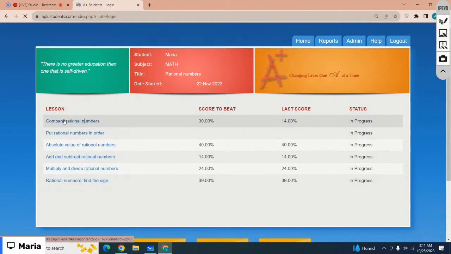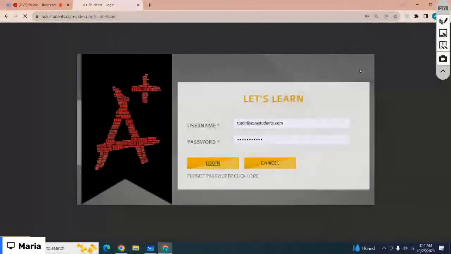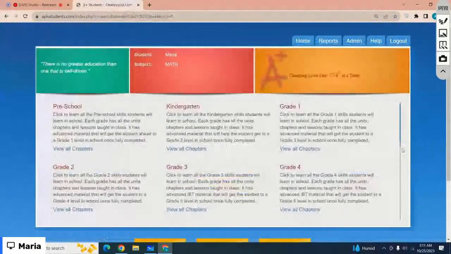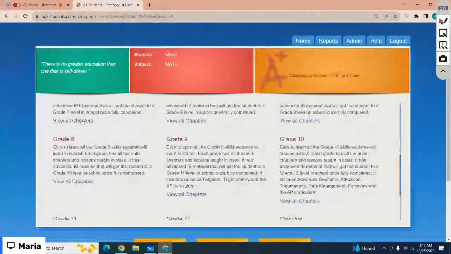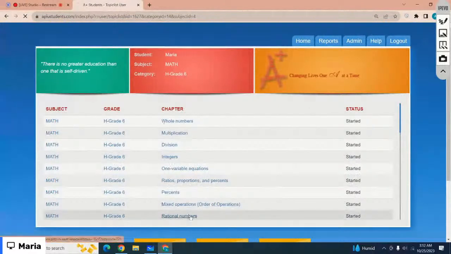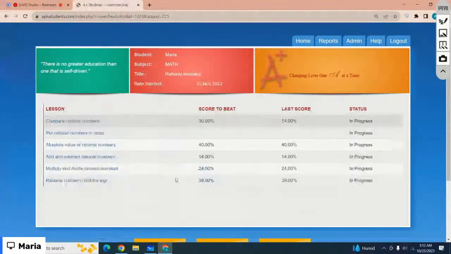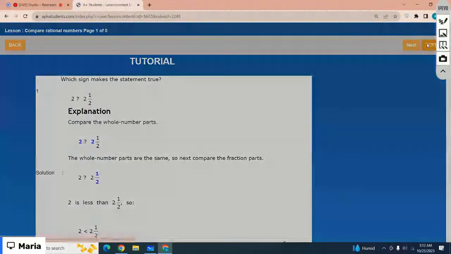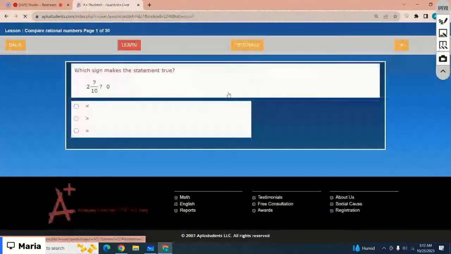Let's start with the test questions. Compare rational numbers: negative 2 whole 7 over 10 and 0. Which is the correct option?